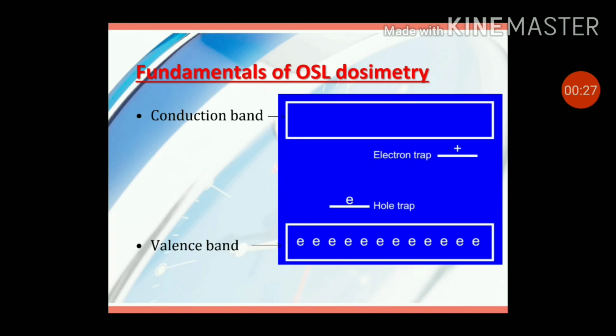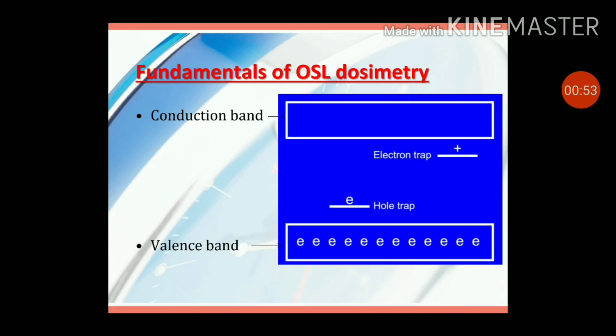The band gap that separates the valence from the conduction band contains localized energy levels. So as you can see, hole trap, electron trap. These are the localized energy levels that are produced by defects in the structure of a crystalline material, that is because of the impurities of the carbon.